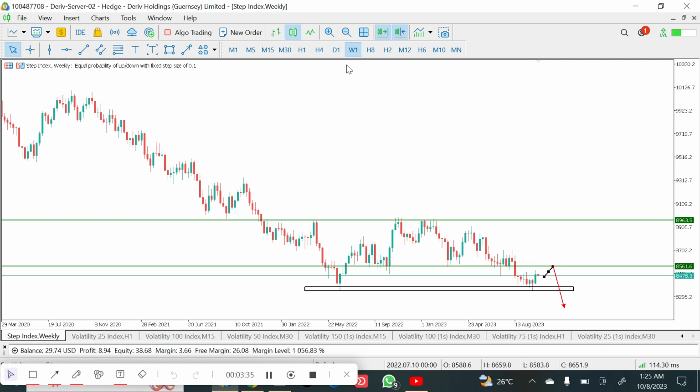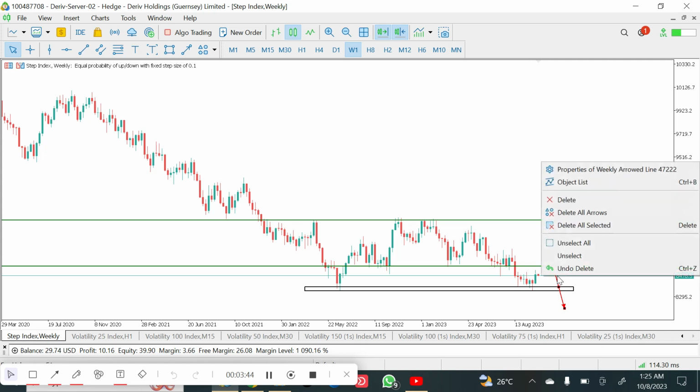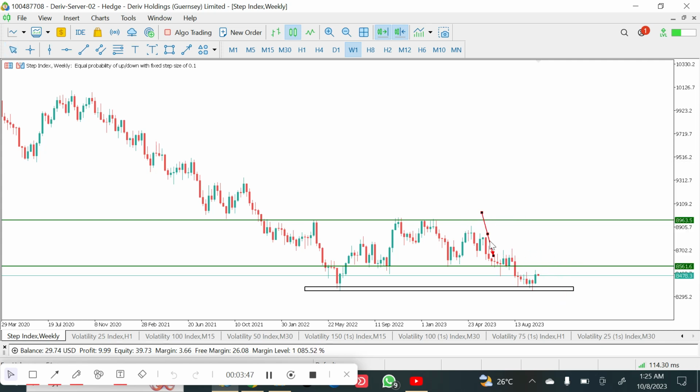Okay, so going down to the daily, or before that, even look at this weekly time frame. We are still bearish.